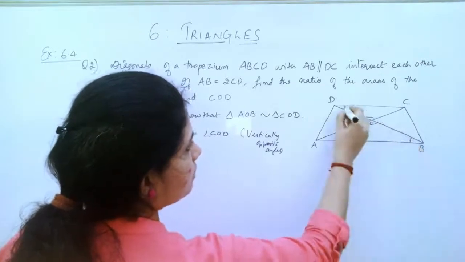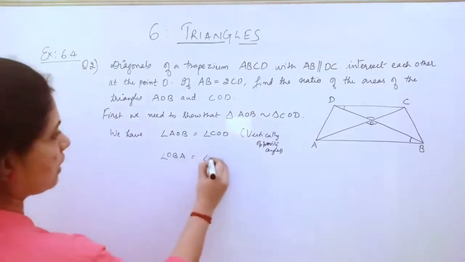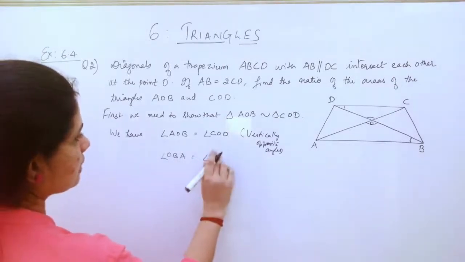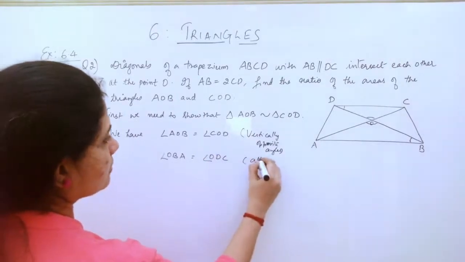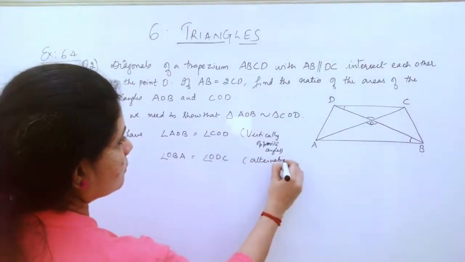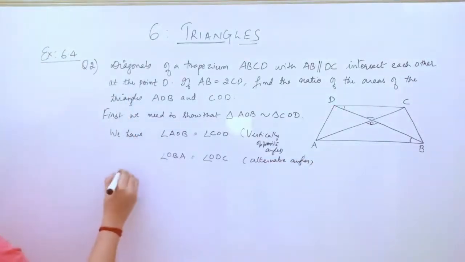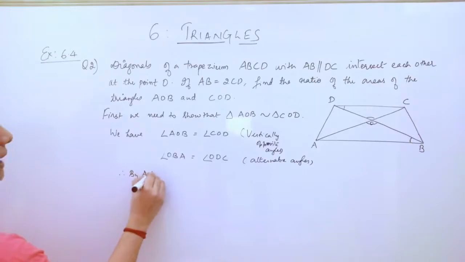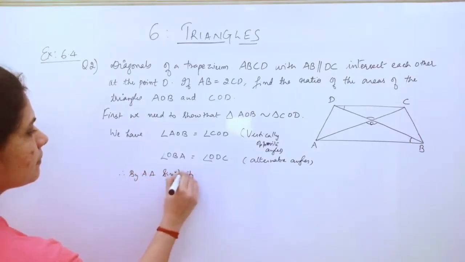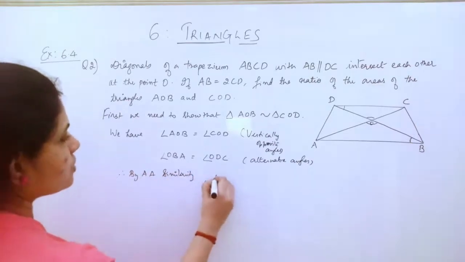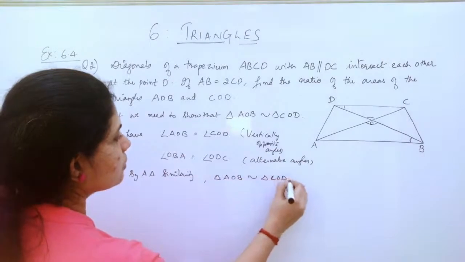Now this angle is equal to this angle I am going to write: angle OBA is equal to angle ODC, and the reason is alternate angles. So from these two you will get, by AA similarity, triangle AOB is similar to triangle COD.